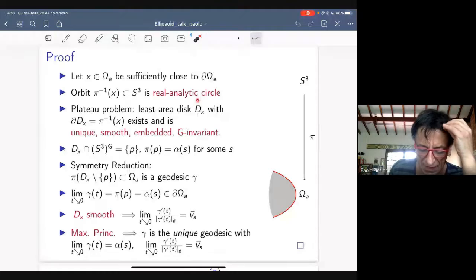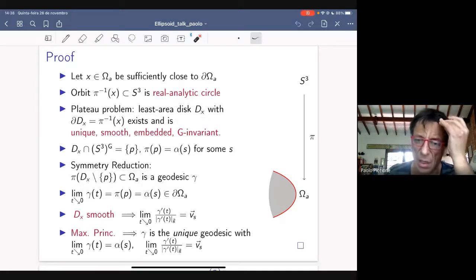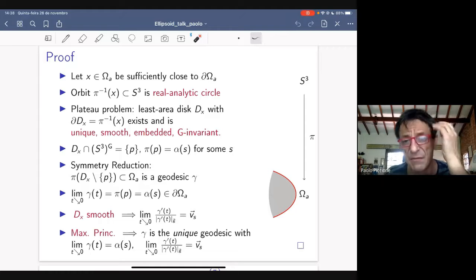Call this disk D_x, okay? Now this disk is unique. It is smooth because we're in dimension 3, right? It's a minimal surface in dimension 3. It's embedded, and it's also invariant by the action of G, okay?